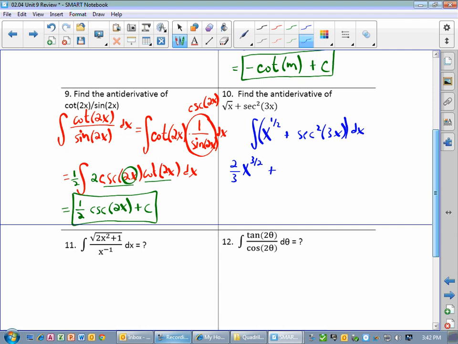Now for the secant squared, we're missing something. We need the derivative of the 3x, so we need to multiply by 3. But we can't just multiply by 3, we also have to multiply by 1/3. And so we end up with plus 1/3. The integral of secant squared of something is tangent of that something plus c.